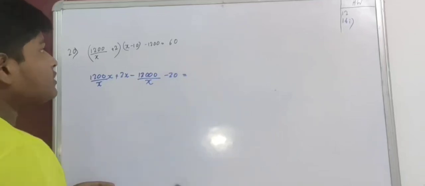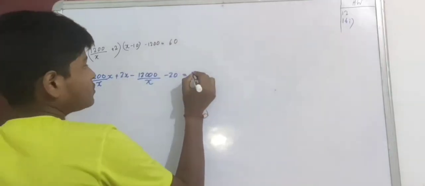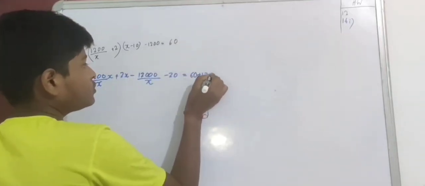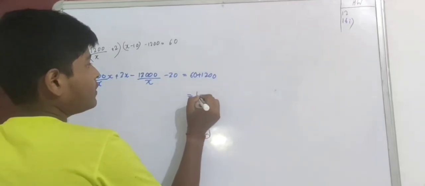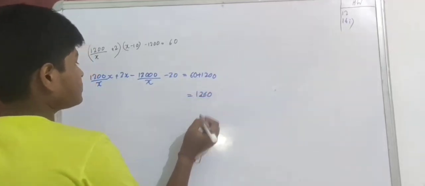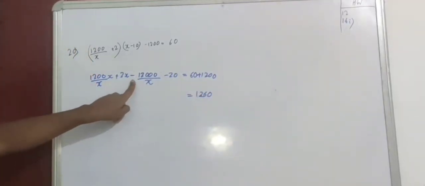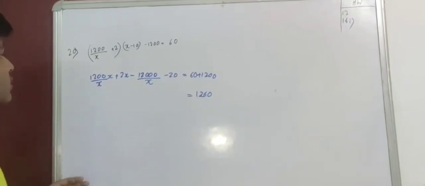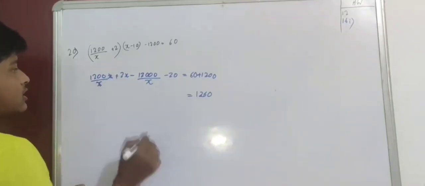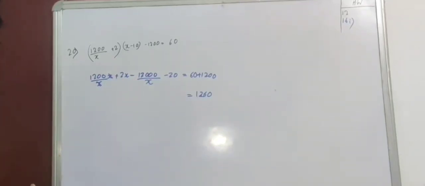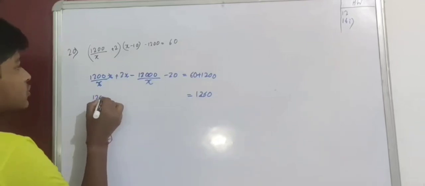Now plus 2 into 10, so we have minus 20 is equal to 60 plus 1200, sending 1200 to that side, it will become positive, then it will become 1260. X will get cut because both are multiplied.